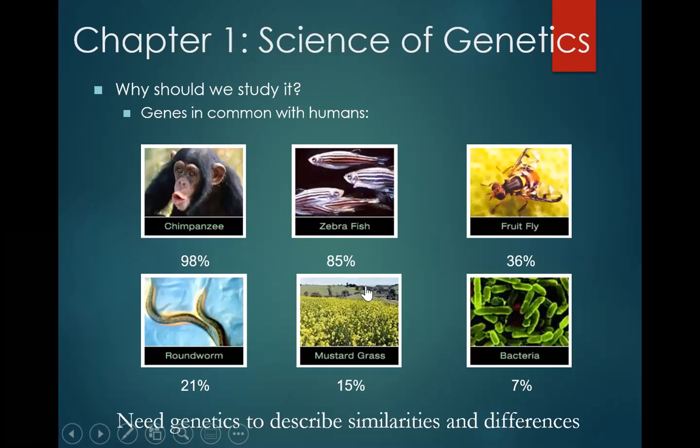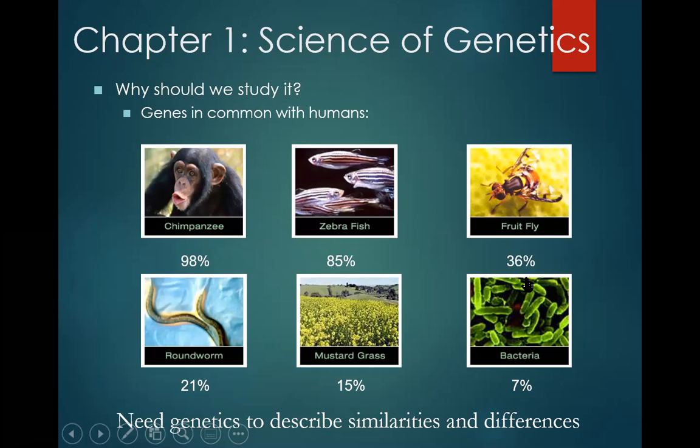Okay? So why should we study genetics? We are all related to every other life form on Earth. In fact, we have most of our genes in common with the chimpanzee and with other great apes. So we are very much related to other organisms on Earth.